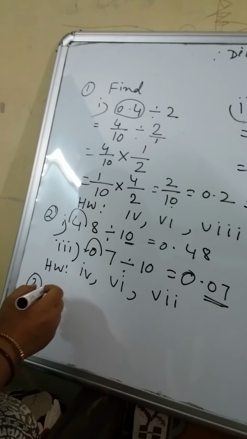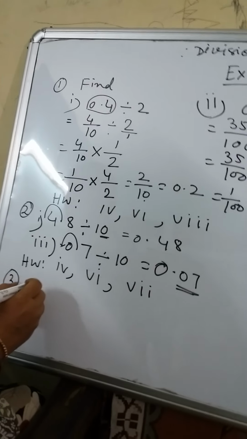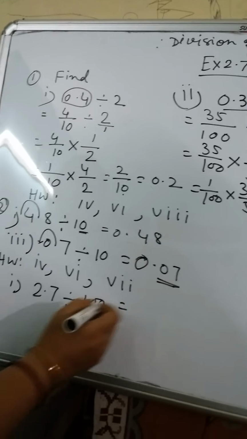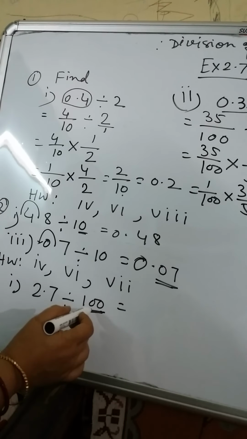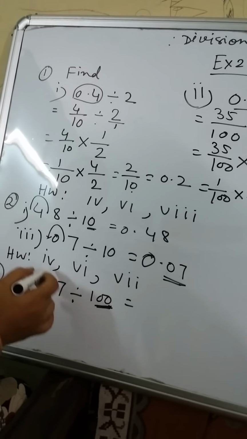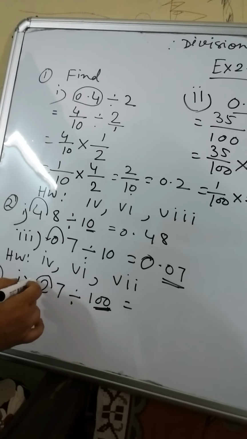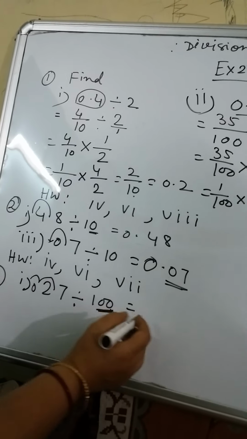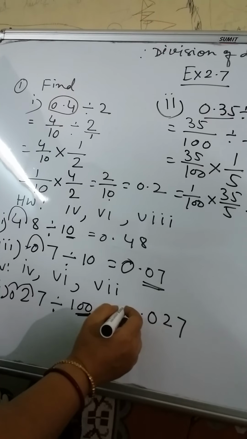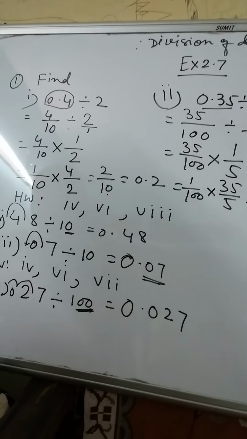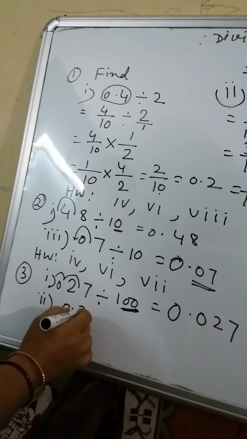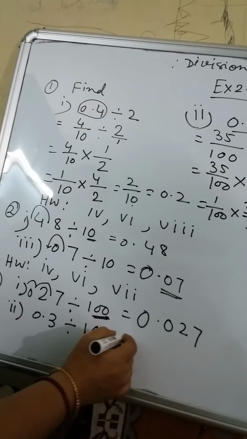Next, question number 3. You have to divide a decimal number by 100. So 2.7 divided by 100. That means when you are dividing by 100, how many zeros? 2 zeros. So you have to shift the decimal 2 places towards the left. This is one place, another place. So your answer will be 0.027. Next is 0.3 divided by 100.